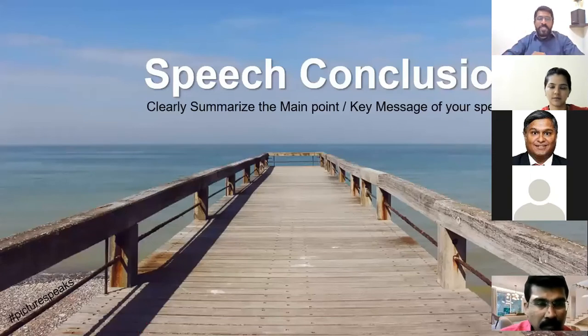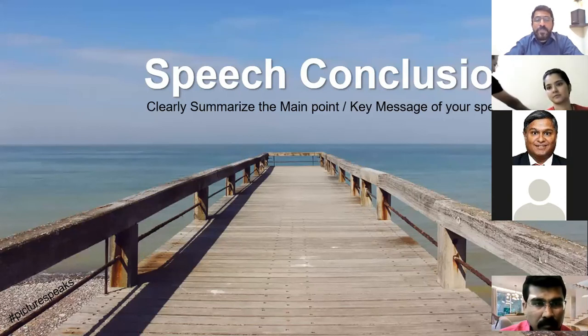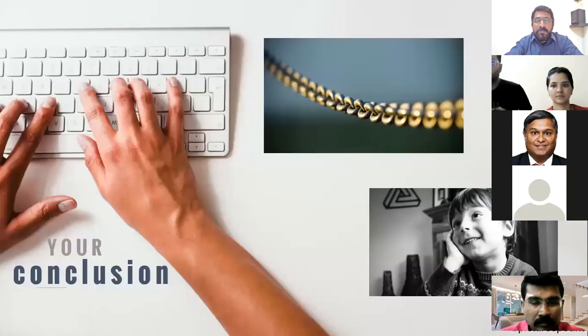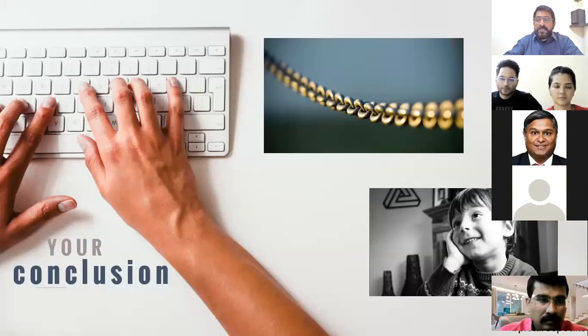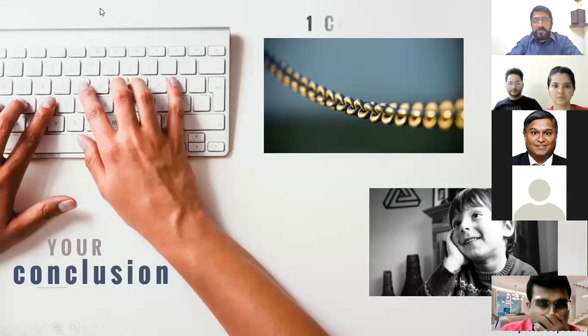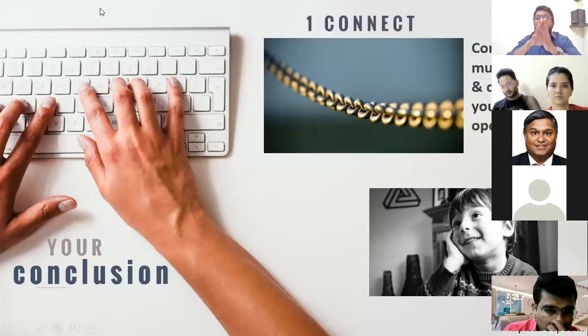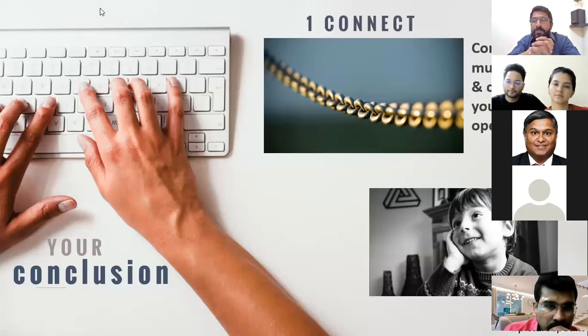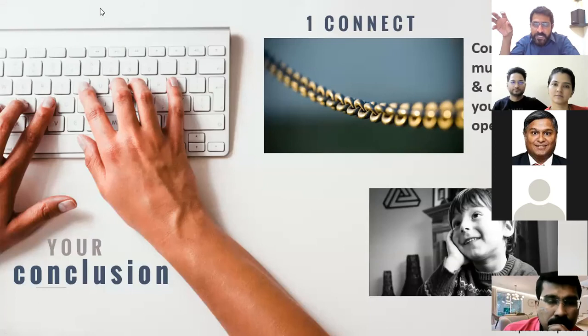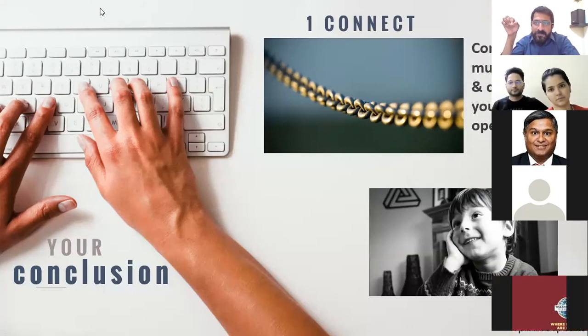Now comes the speech conclusion. In a speech conclusion, you must always summarize the main point, and for the conclusion, there are two types. One is that it should connect with and complement your speech opening. Whatever you have said in the beginning and what you established in the body should connect with your conclusion.